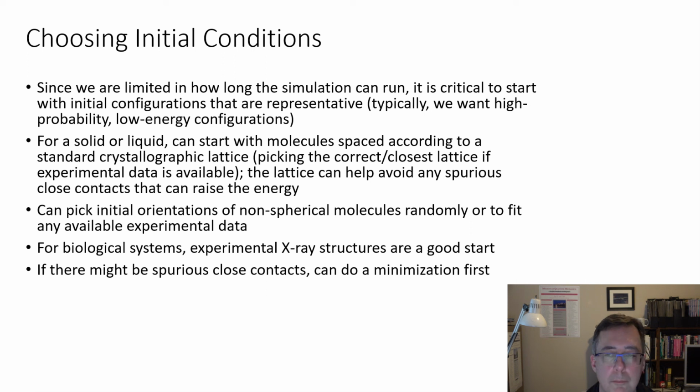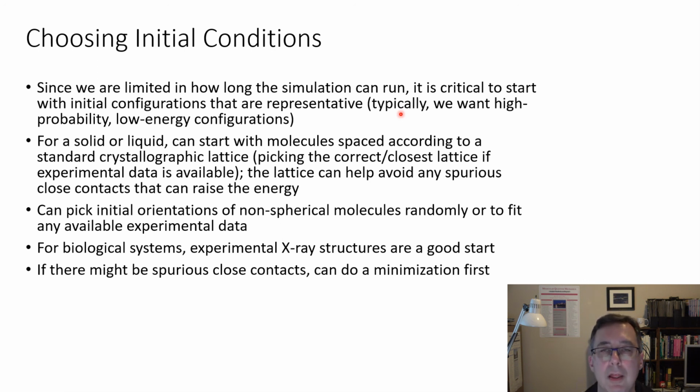Okay, so what do you want in the initial conditions? Well, I've mentioned you want it to be chemically and physically reasonable. What does that really mean? Well, if you have a liquid or a solid, it should have about the right density. I mentioned that. You also want to avoid sets of Cartesian coordinates where I have a high energy configuration.